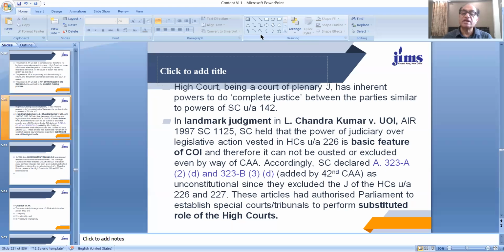These two articles authorize the Parliament to establish special courts or tribunals to perform a substituted role of the High Court, meaning thereby that by this amendment, the jurisdiction of the High Court was taken away and given to tribunals.